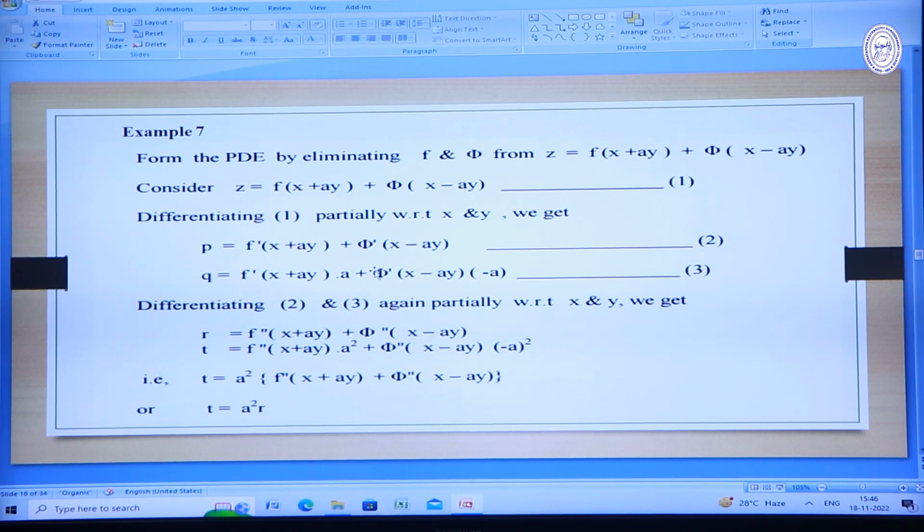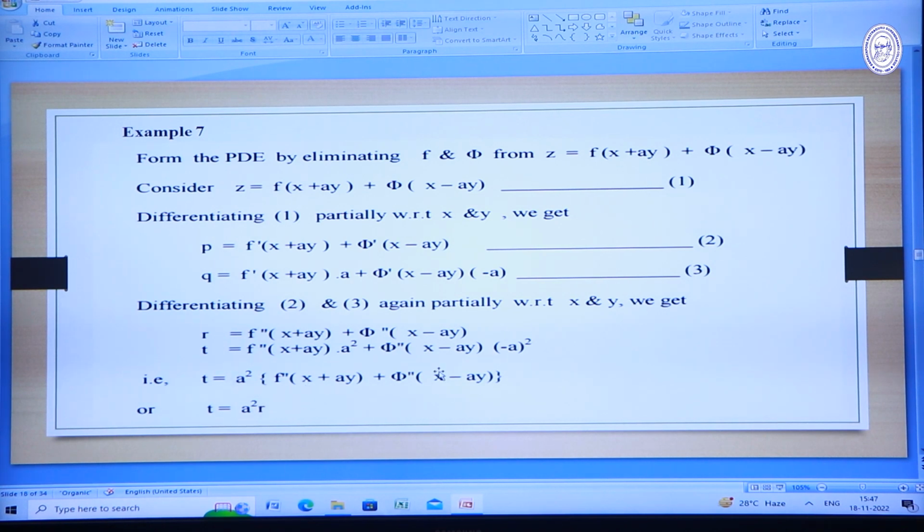The double derivative of z with respect to x is denoted by r, and the double derivative of z with respect to y is denoted by t. After the double derivative with respect to x and y, we get these two equations, and using these two terms and this term, we get t equal to a square into r.